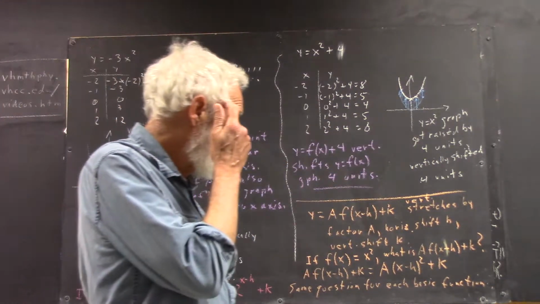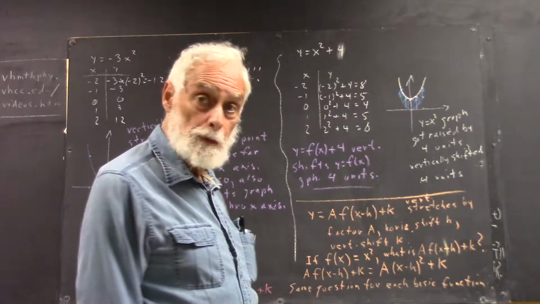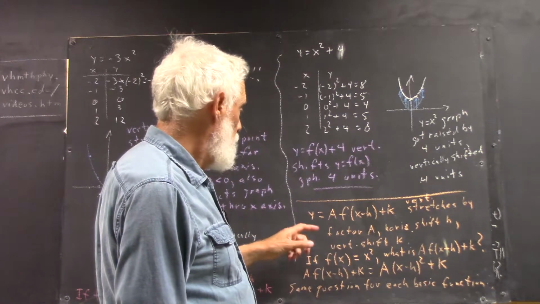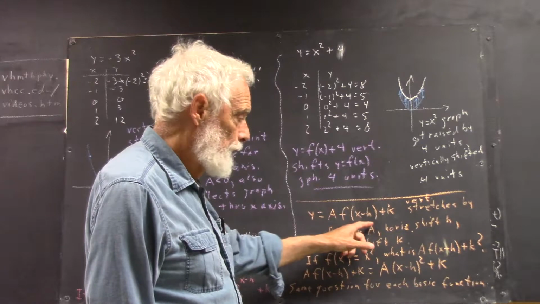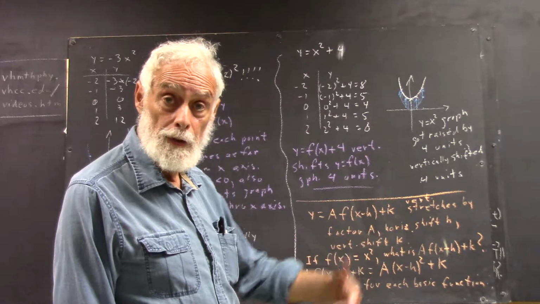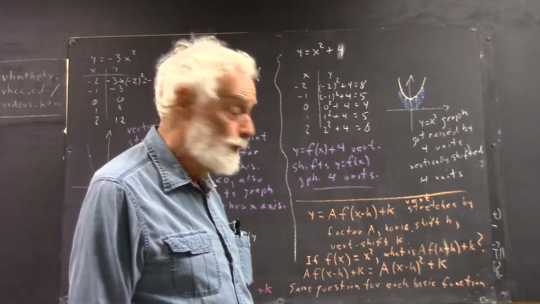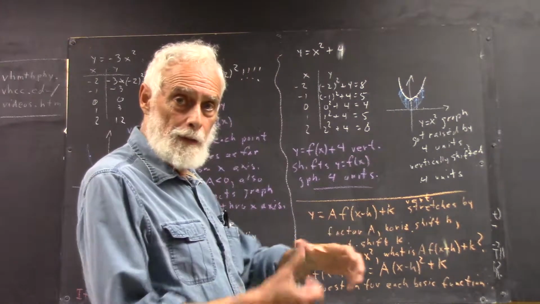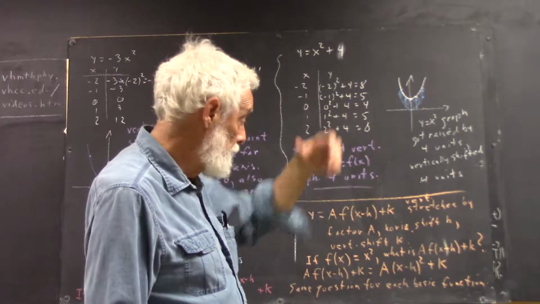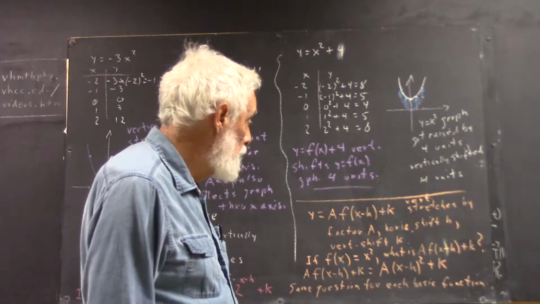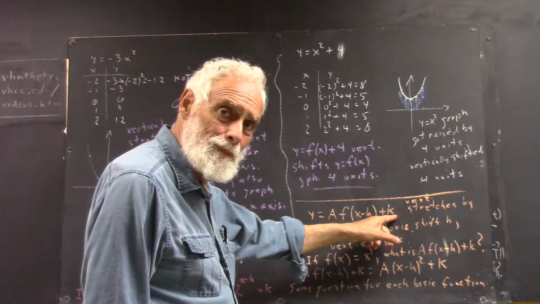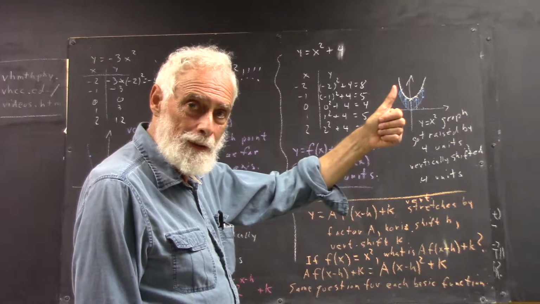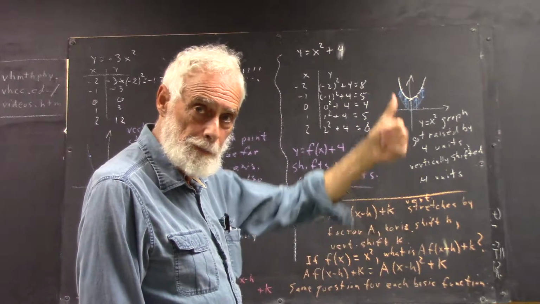And what you get then is the general rule that y equals f of x minus h shifts everything h units in the x direction. If we multiply our function by a, that vertically stretches the function and perhaps reflects it. And if we add k, that moves our graph k units in the vertical direction. If k is positive, it moves it up.